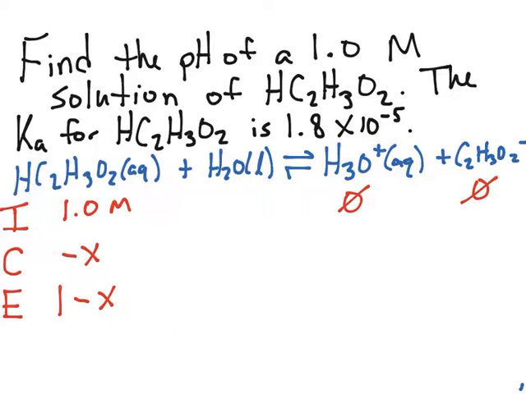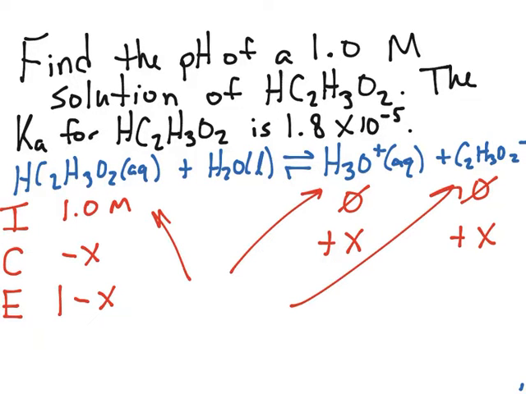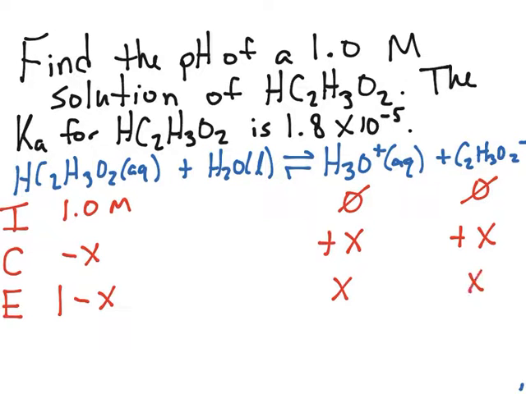So if we continue that thinking, again, we don't really care about water. But over here on the H3O plus, initially we had none of it. Now we're gaining that same X, that same small amount of H3O plus, and we're also going to gain the same amount of this anion because it's a 1 to 1 to 1 ratio of all of these. So that's going to leave us with an equilibrium concentration of H3O plus of X and an equilibrium concentration of X for the C2H3O2 minus.